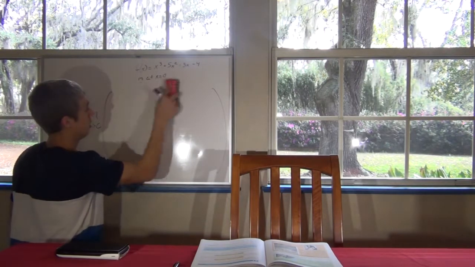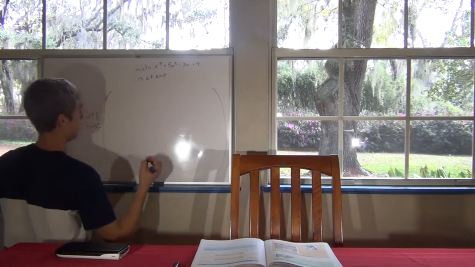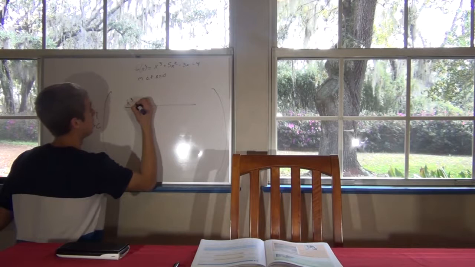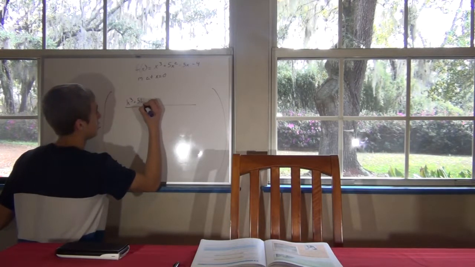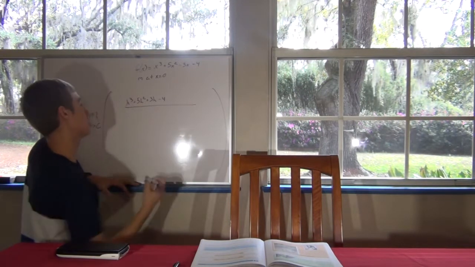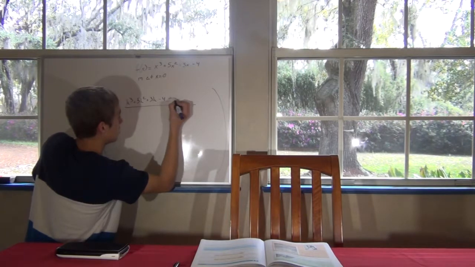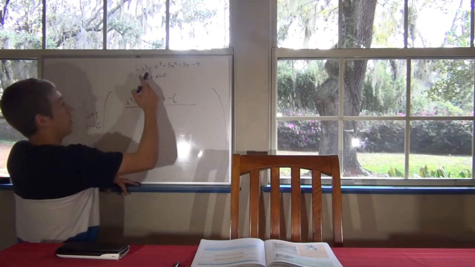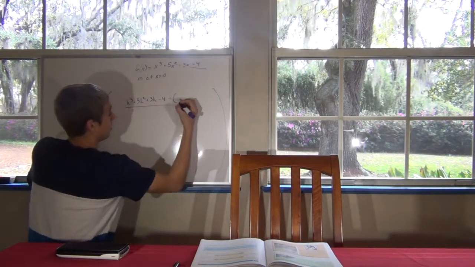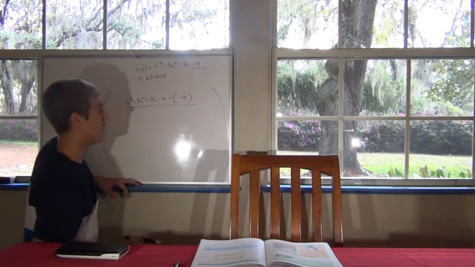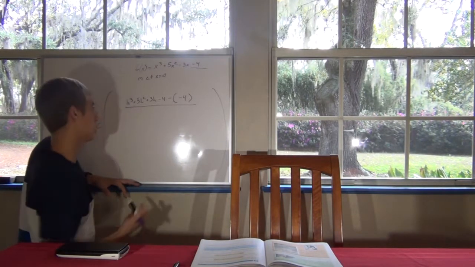So, with that, we'll write up here in our numerator h cubed plus 5h squared plus 3h minus 4. Boom. And then this is going to be minus our f of x equals 0, so f of x just equals negative 4, minus negative 4, okay?